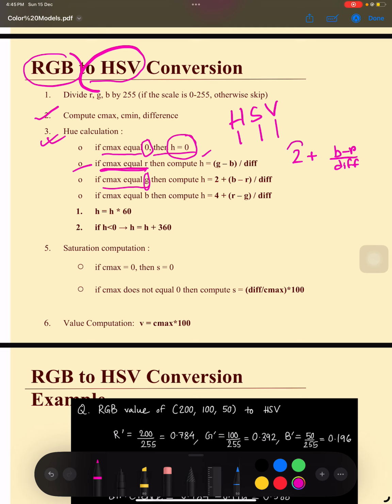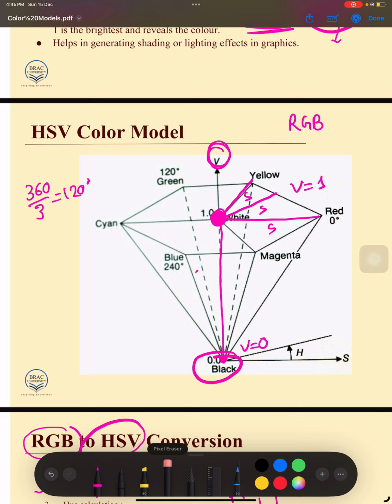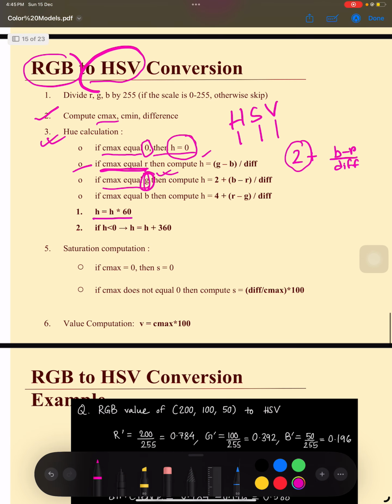And this plus 2 is there because if green is my dominant component, we pick Cmax based on who has the greatest value in RGB, right? So if green is my dominant color, if we look here at the color wheel at top, we see that green begins from the angle 120 degrees.